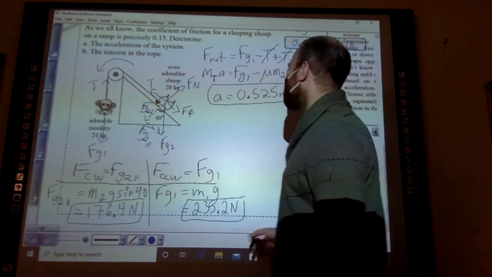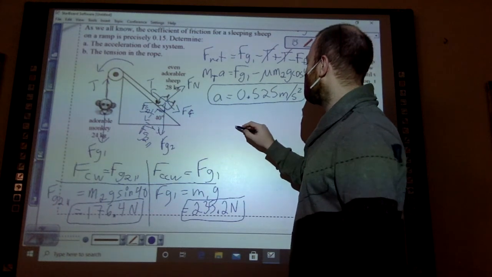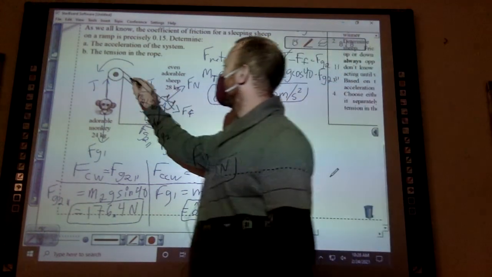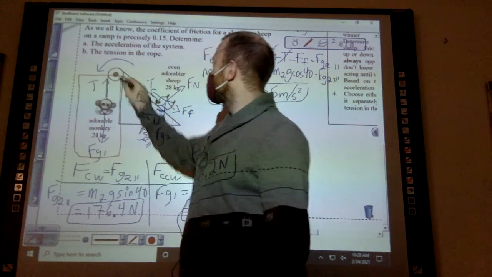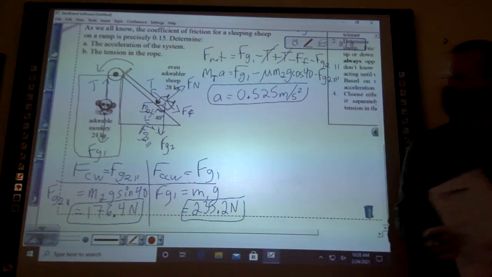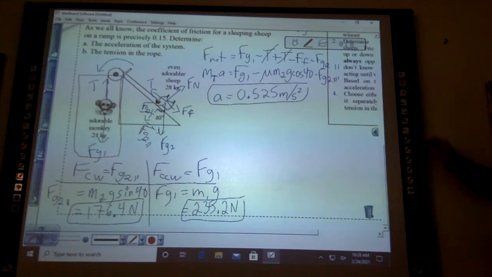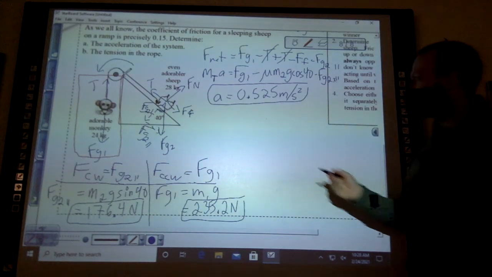It even says monkey on here. Okay, so let's deal with the monkey. This one has less forces, so it's just easier to deal with, and we don't have to deal with an angle, so why not?